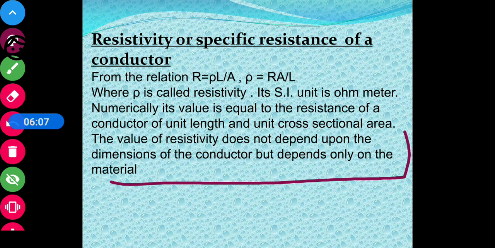But if you take two identical conductors of different material, one of copper and one of iron, then their resistivity will be different, because resistivity does not depend upon the dimensions, it depends only on the material.